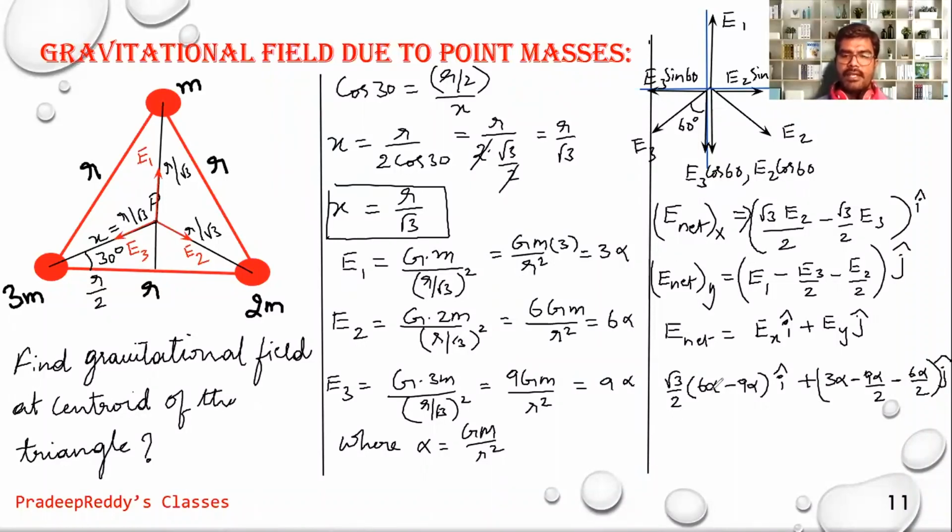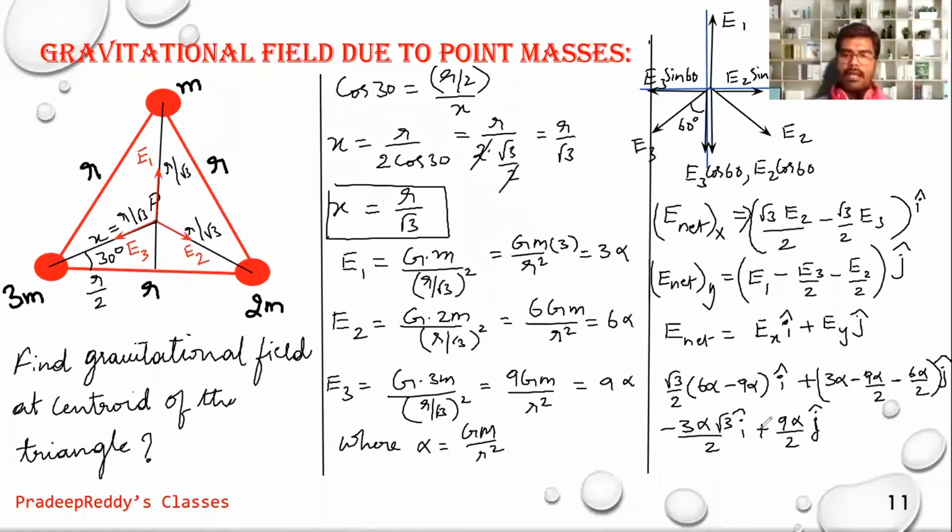So finally you can write it as 6 alpha minus 9 alpha, it is minus 3 into alpha into root 3 divided by 2 I cap plus LCM is 2, it is 6 alpha plus 6 alpha minus 6 alpha gets cancelled, remainder will be only minus 9 alpha divided by 2. Am I right? This is equal to 9 alpha divided by 2, and it is J cap.